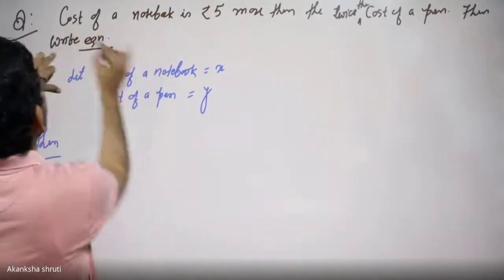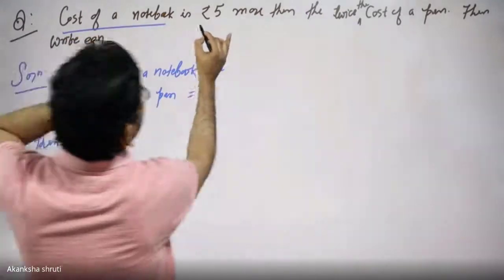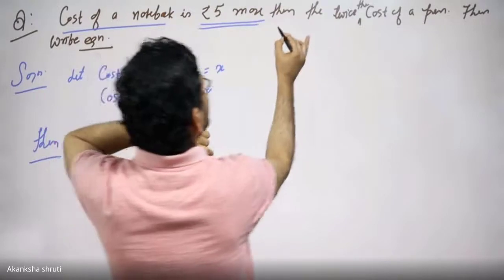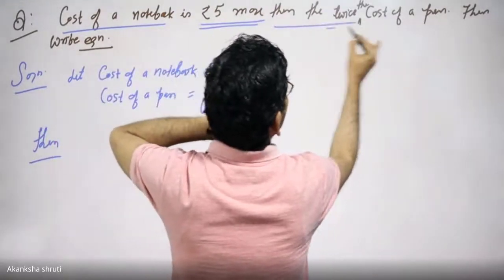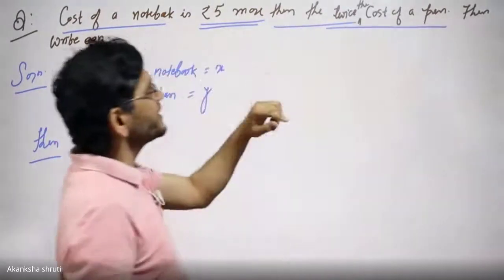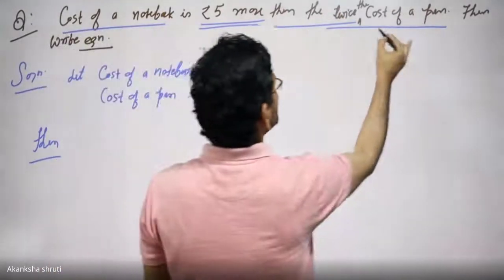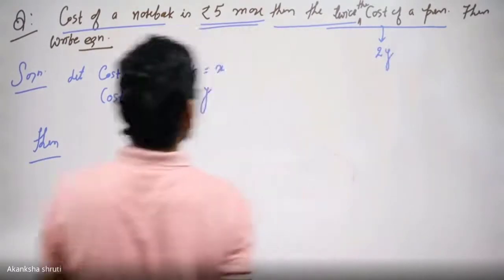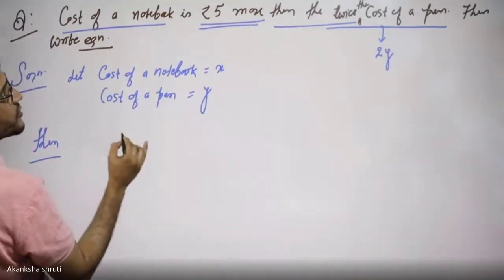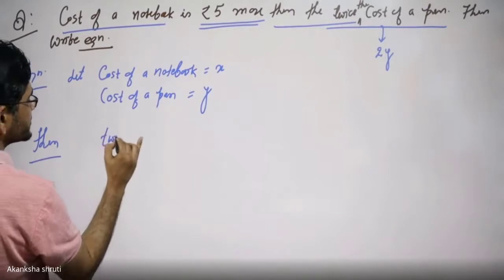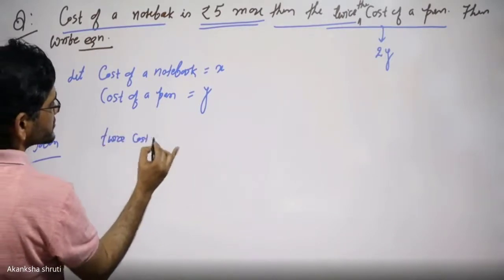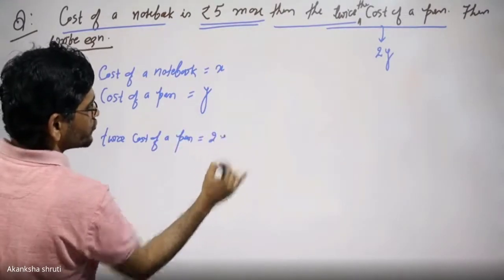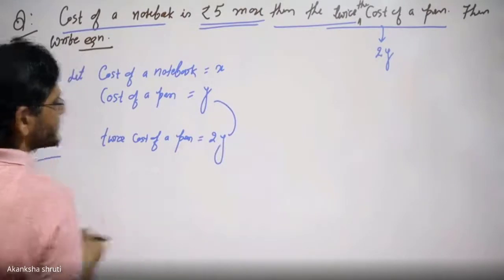Read the statement again. The cost of a notebook is ₹5 more than twice the cost of a pen. So first we need to find twice the cost of a pen. Let me write it: twice the cost of a pen will be 2y, whatever this y is, multiplied by 2.